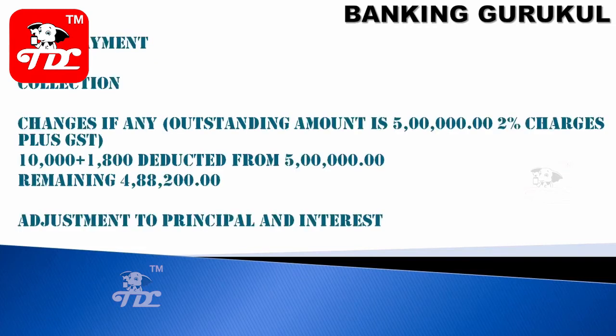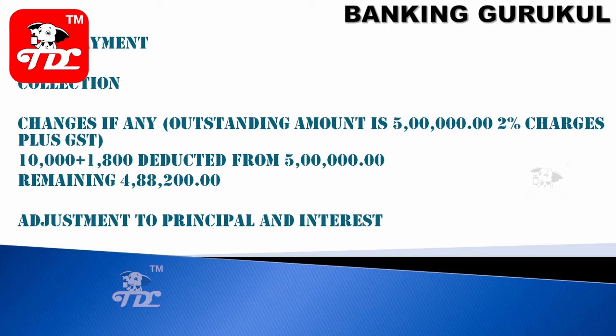Part payment. If the customer comes and says, I have a part amount, outstanding is 10 lakhs and still another 10 years I have to pay, but I have 5 lakhs extra amount, I want to credit to my loan account. Then we have to see whether there are any prepayment charges, part payment charges.